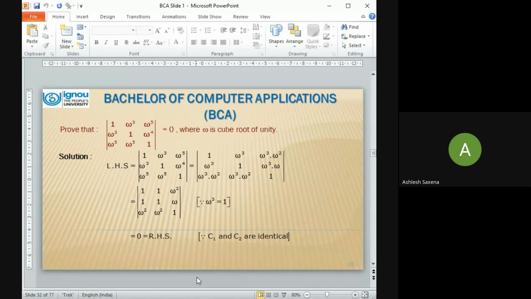And omega cube is equal to 1 because omega is the cube root of unity. Got it?